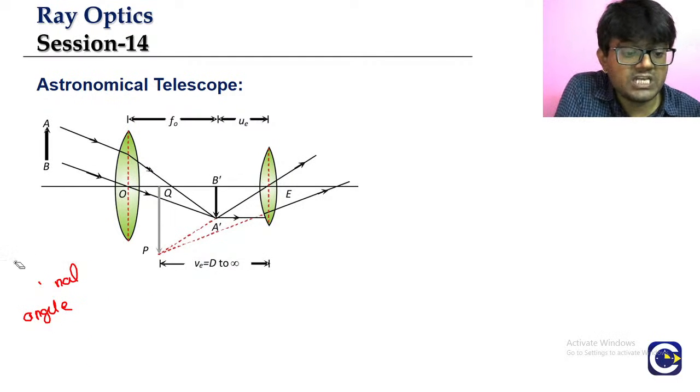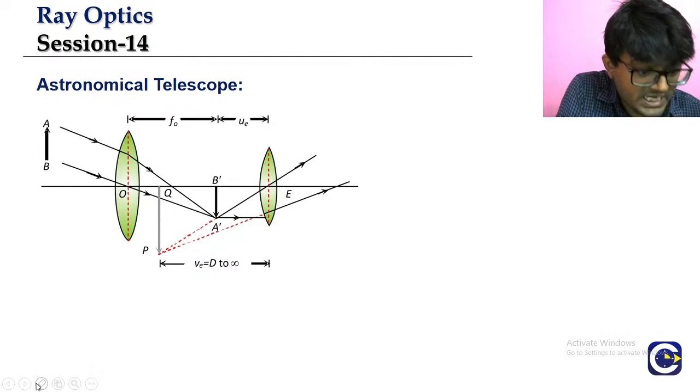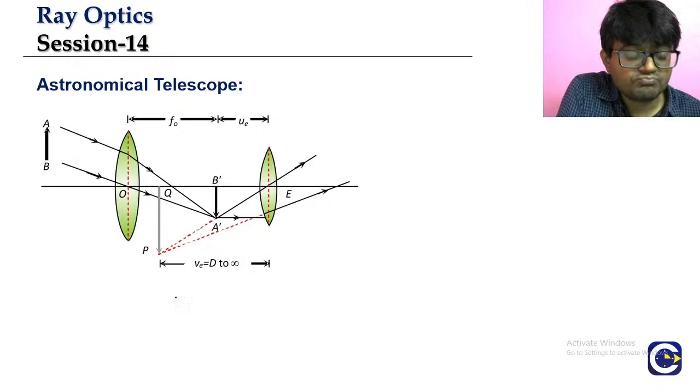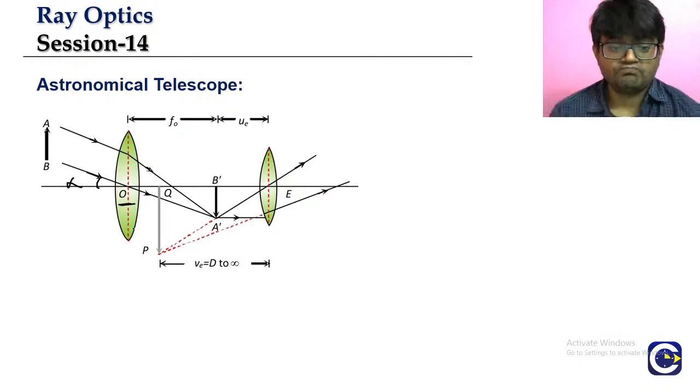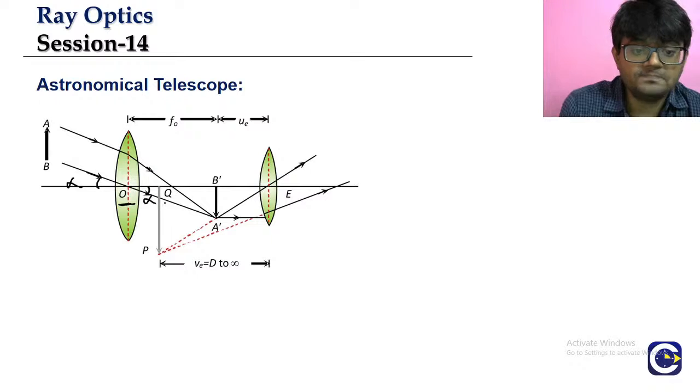So what is this original angle that we take? The original angle that we take is the angle that will be formed by the object at the objective lens, alpha. So you can see here, this is alpha. The final angle formed by the image is beta. The final angle will be formed with respect to eyepiece.